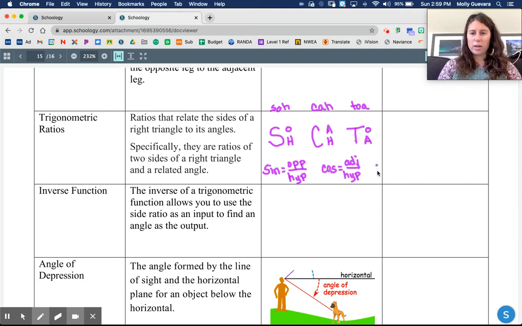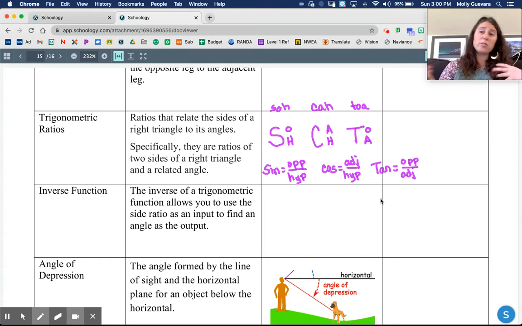And then TOA reminds us that tangent is equal to O over A, so opposite over adjacent. So that's how SOHCAHTOA can be helpful to us by reminding us what the ratio is. Is it opposite over hypotenuse, or opposite over adjacent, or adjacent over hypotenuse, right? So that just helps us find that.